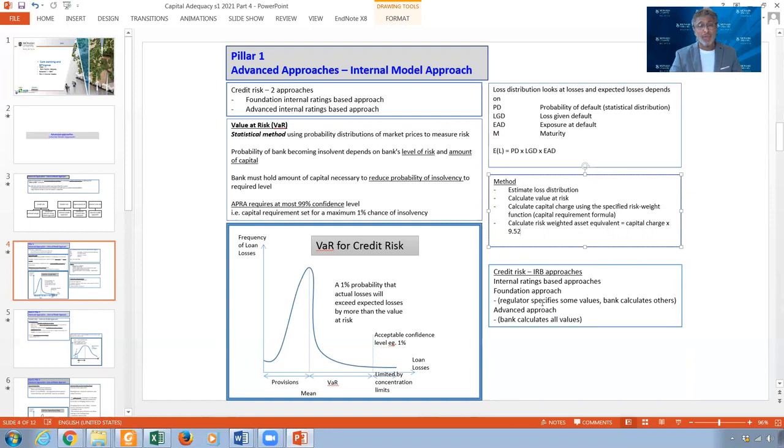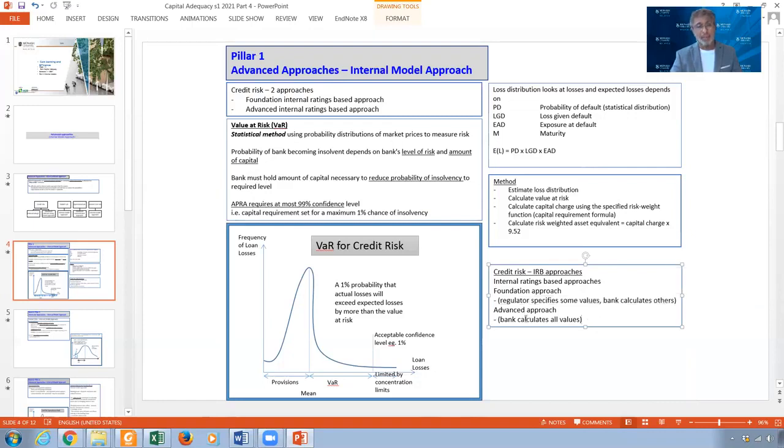Now, with the IRB approaches, you can have the foundation approach, which means the estimations come from the regulators and the financial institutions.